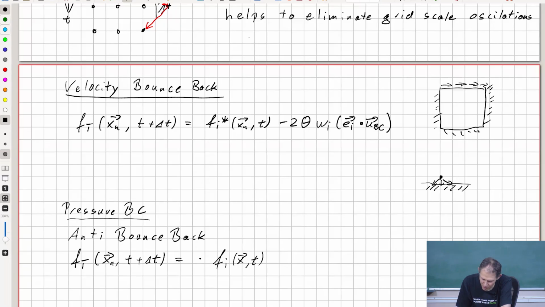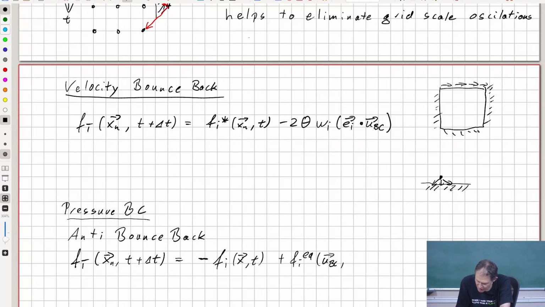We make anti-bounce back by saying we put a minus here. Yeah? So instead of taking this population in, we eliminate this population, and then we have to add in its stead f_i^eq of u_bc and rho_bc. So we need to know a velocity on the boundary.